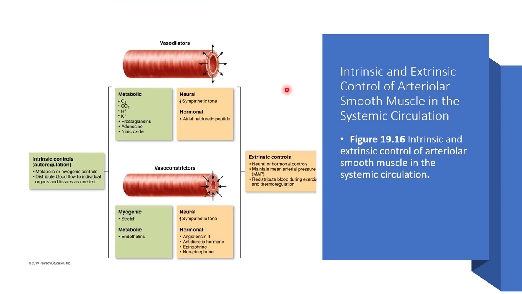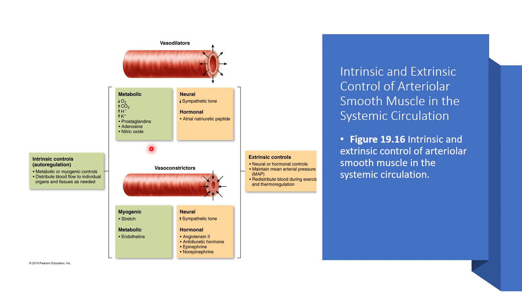All right. So let's take a look at here. Again, you're going to be comparing and contrasting the metabolic and myogenic, the intrinsic control and autoregulation, and the extrinsic control, and what they do to the blood vessels.